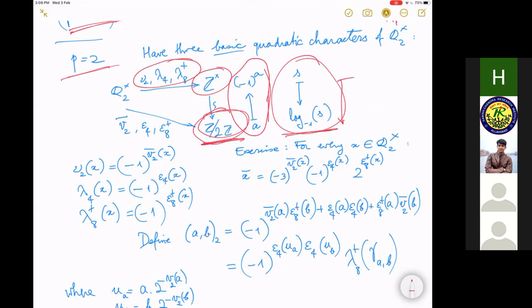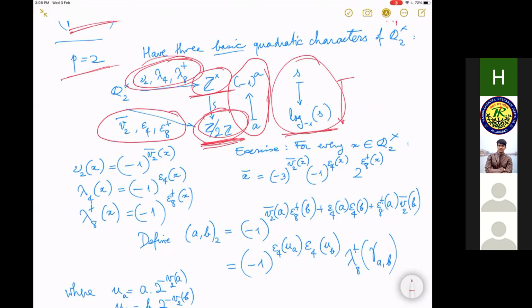So not only can you add things, not only is it a group, it's also a ring. You can multiply things. And that's why we are converting these 3 quadratic characters from having values in a group to having values in a field here. So, the new names are going to be these 3 names: V2 bar, epsilon 4, epsilon 8 plus.